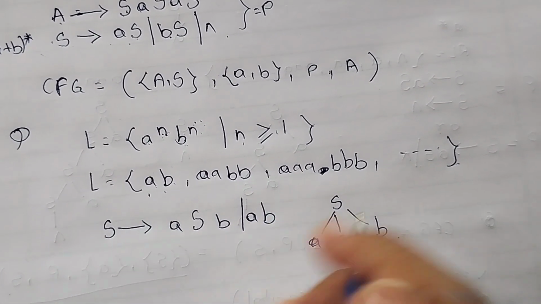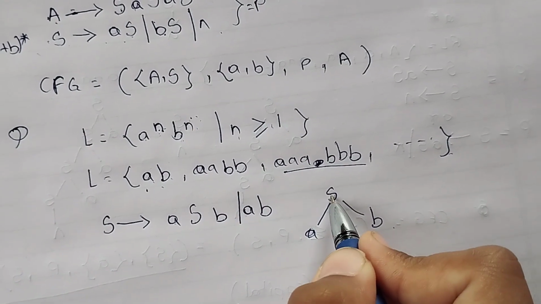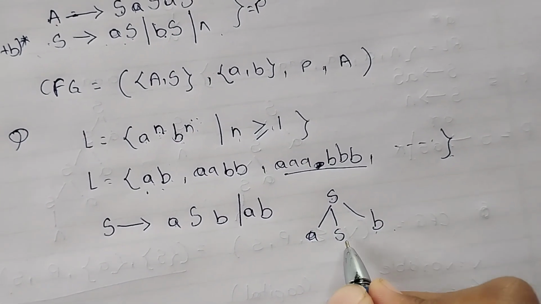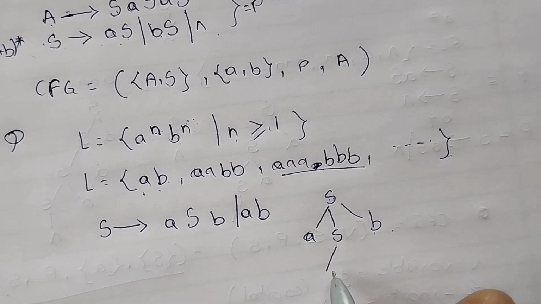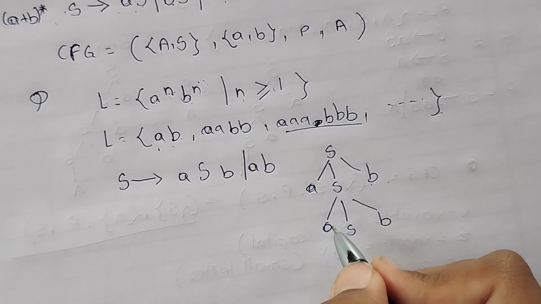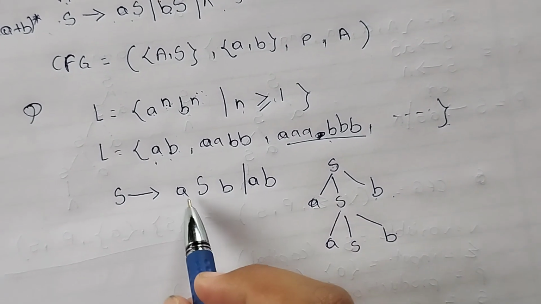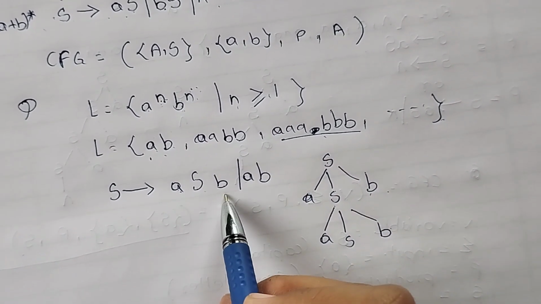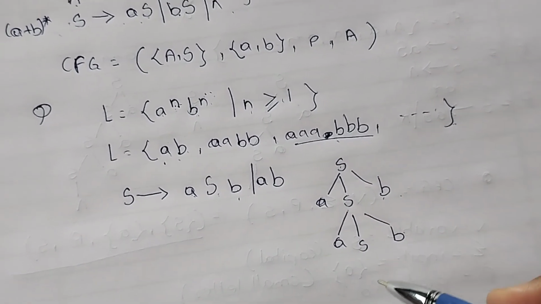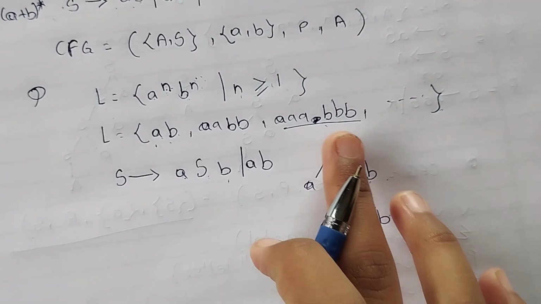Now we prove it. So we want 3 times A and 3 times B. So S reads aSb. Then this S again reads aSb. This is 2 times a, 2 times b, but we want 3 times b. But if we want now to read aSb again, then S is not initialized to the final output. We want the final output as aabb.